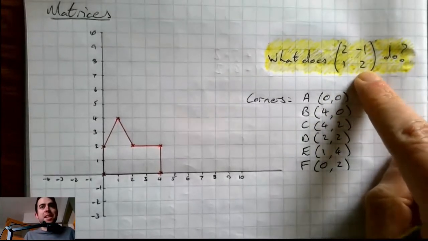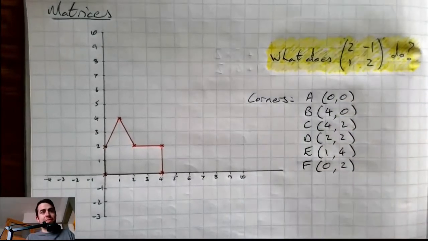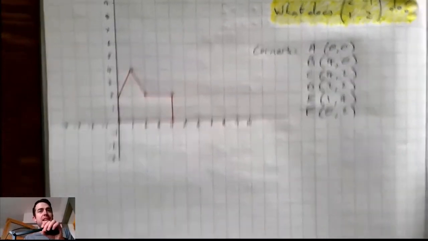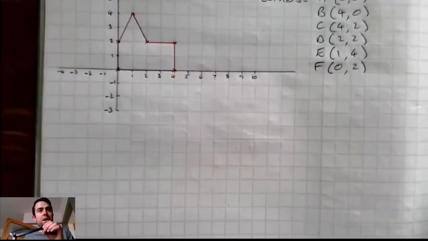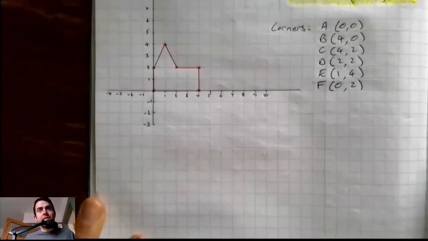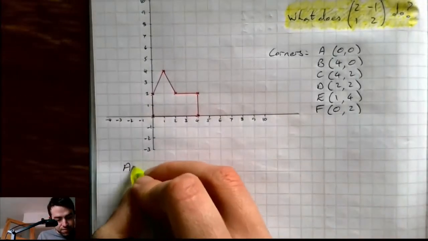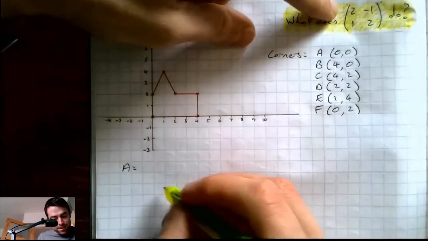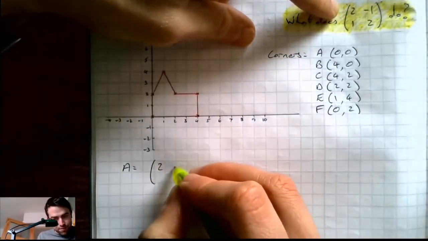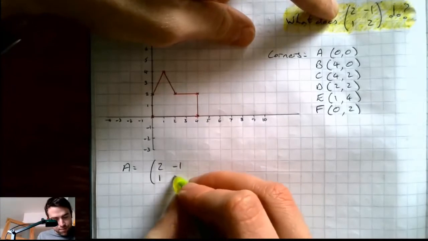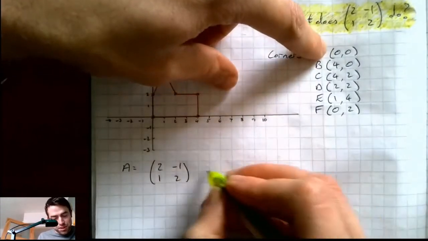And now I need to apply this matrix to each of the corners. I'll do that down here and show all of my working neatly. So for A, we have the matrix and the coordinate.